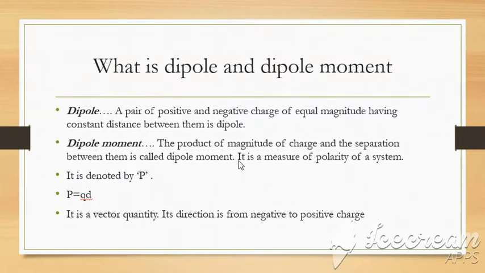So we can say that the term dipole moment is a measure of the polarity of a system. It is denoted by P, and P is equal to qd. q is the magnitude of the charges and d is the separation between them. Dipole moment is a vector quantity and its direction is from negative to positive charge. This thing will be discussed in upcoming lectures.